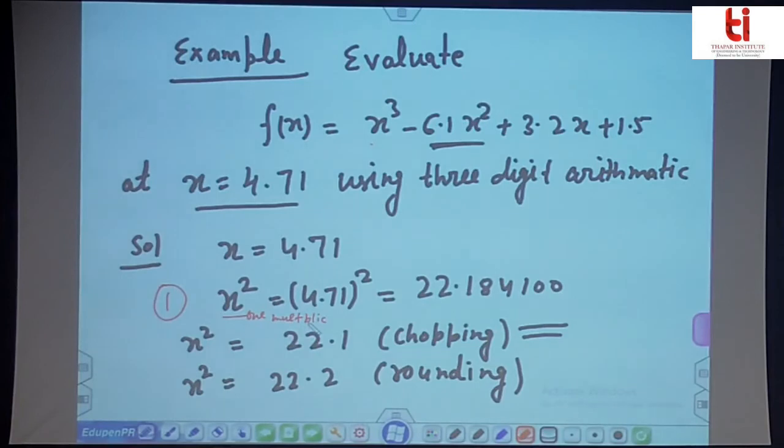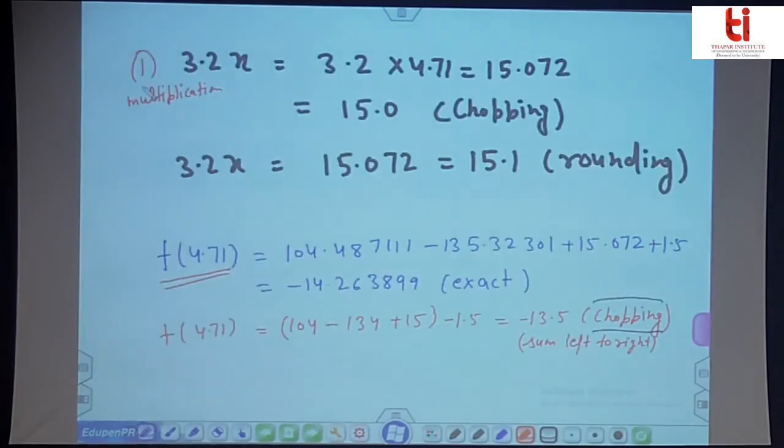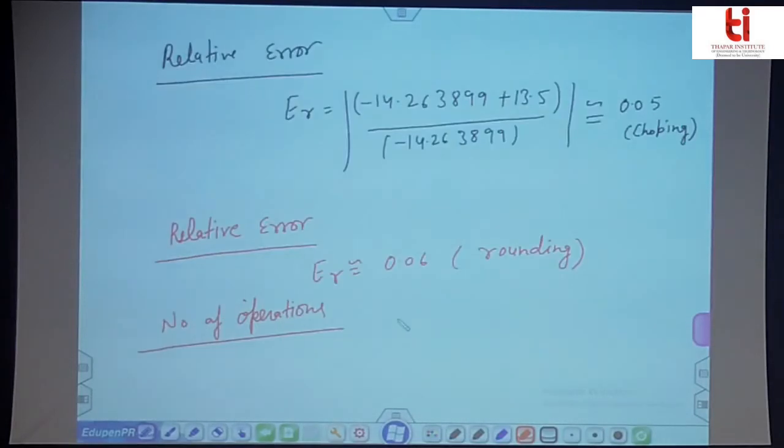First we computed x square, one multiplication, then x cube, one more multiplication, that is two multiplications. After that 6.1 into x square, one more multiplication, that is the third multiplication, and 3.2 into x, the fourth multiplication. So we have 4 multiplications.